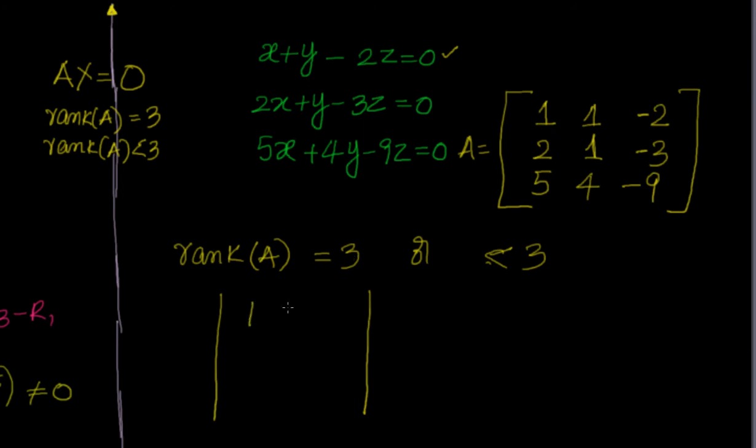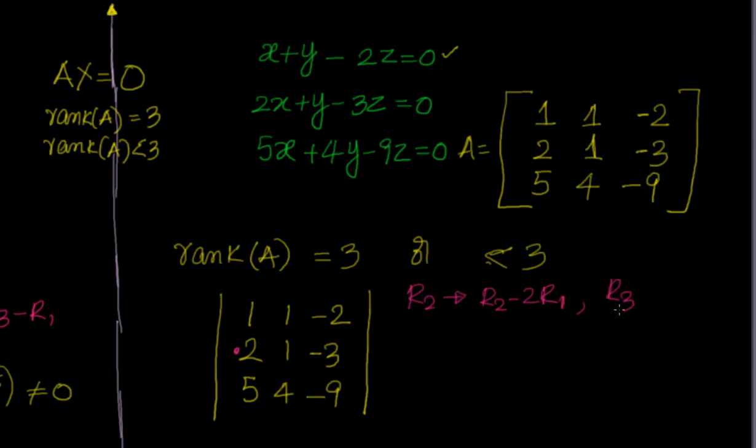I'll have 1, 1, minus 2; 2, 1, minus 3; 5, 4, minus 9. Expanding this will be a little bit difficult for me, so I'll try to do some transformation. I will say R2 is assigned R2 minus 2R1. That will make sure that the 2 in the second row becomes 0.